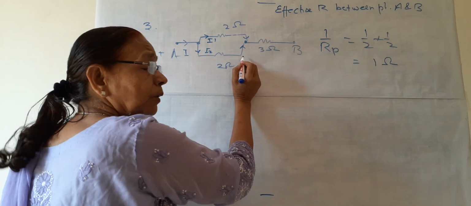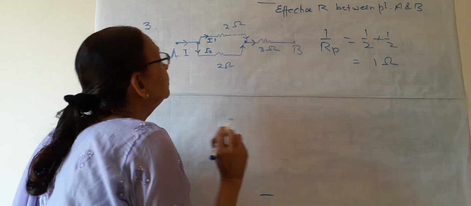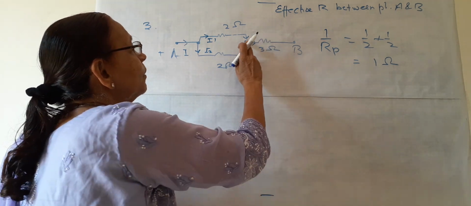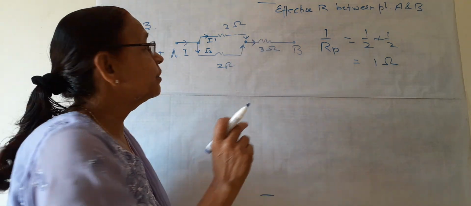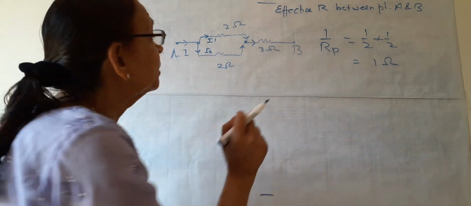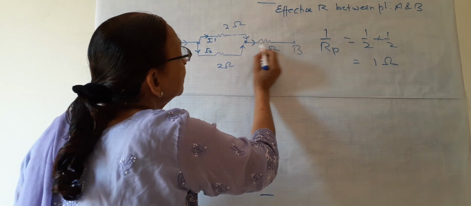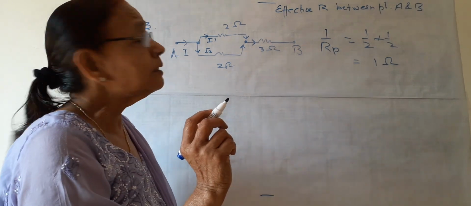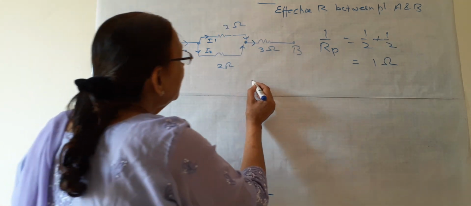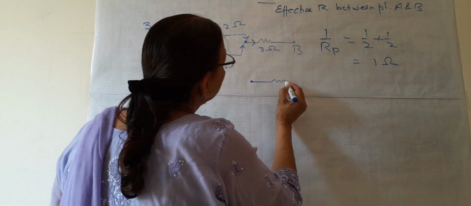At this junction, both are joining. Now this I1 plus I2 will enter from this junction to this resistor, and now the total current will flow through this 3 ohm resistor. So we can redraw this circuit also.